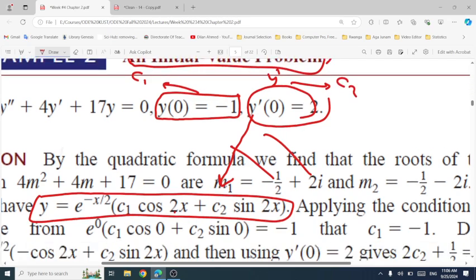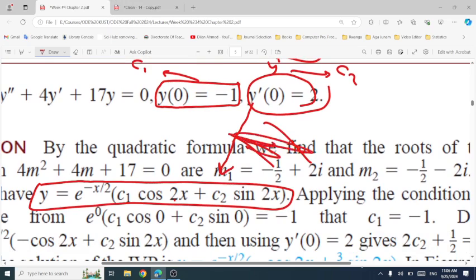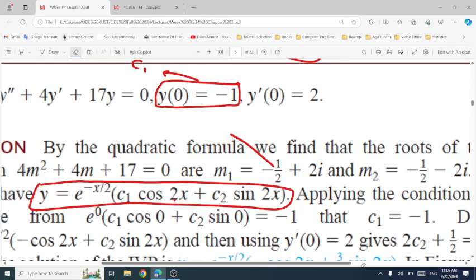So how? First of all, I'm going to substitute in each x should be 0, am I right? And y should be minus 1. So I say minus 1 equal to e to power 0, C1 cosine 2 times 0 plus C2 sine 0.